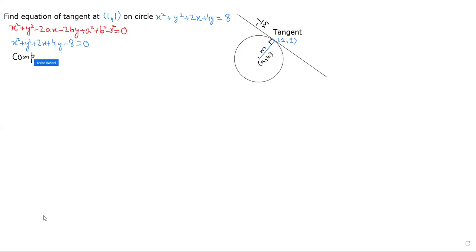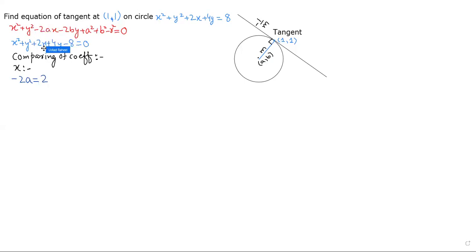So for finding out the center, I will do comparing of coefficients. What will be that comparison? First of all, comparison of x, which is minus 2a from the formula, and 2 from the question.